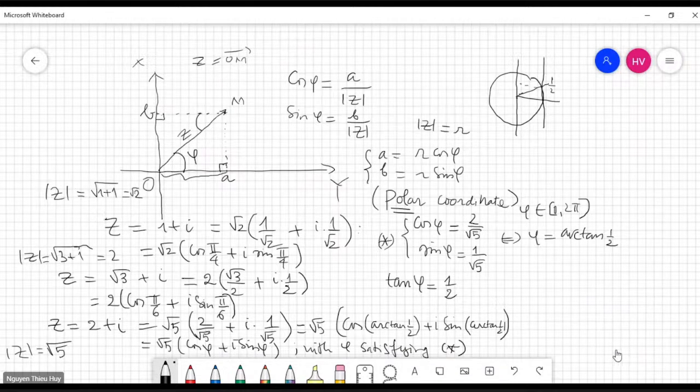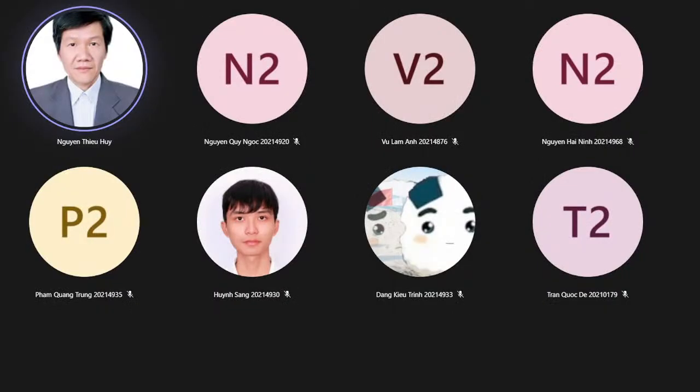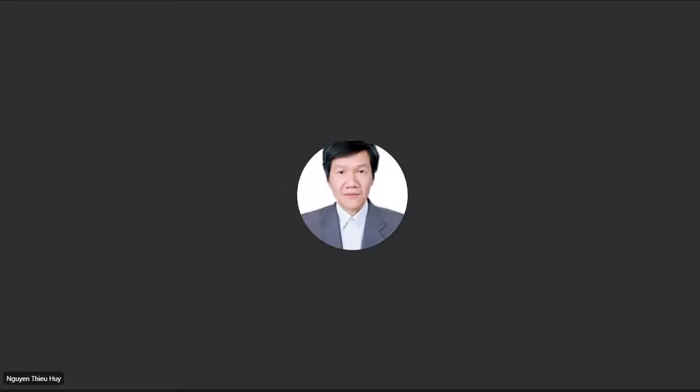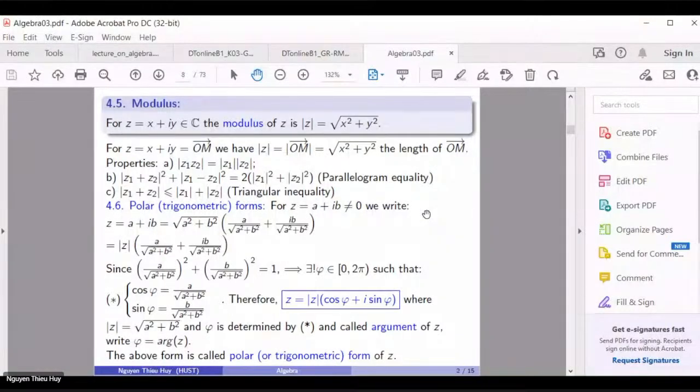So now we return to the slide and see what we want to do next. Good. This is the polar form of z, or trigonometric form. There are two names, and I like the polar form because it is shorter.